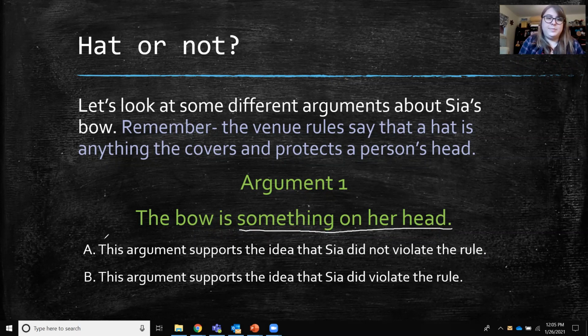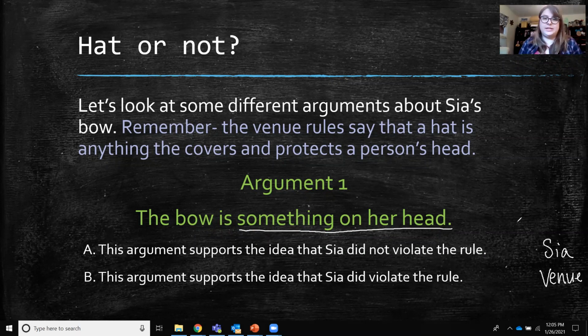So who does this help? Does this help the argument that supports the idea that Sia did not violate the rule, meaning we would be on Sia's team? Or does it mean that this argument supports the idea that Sia did violate the rule, meaning that we would be on the venue's legal team?